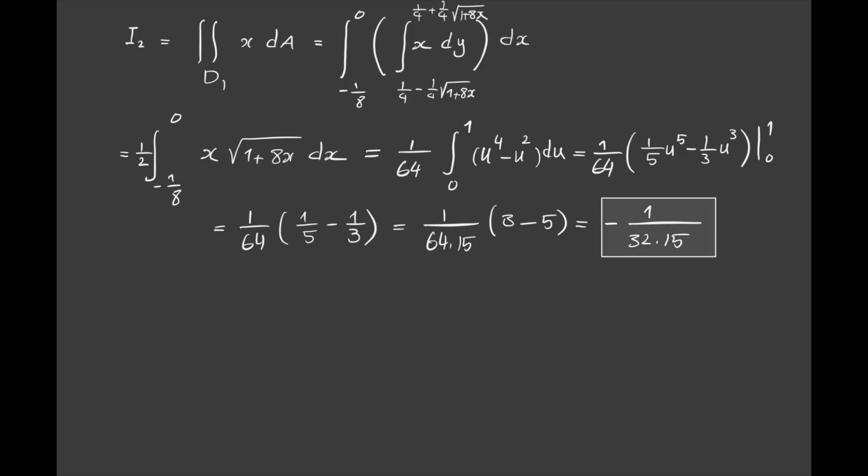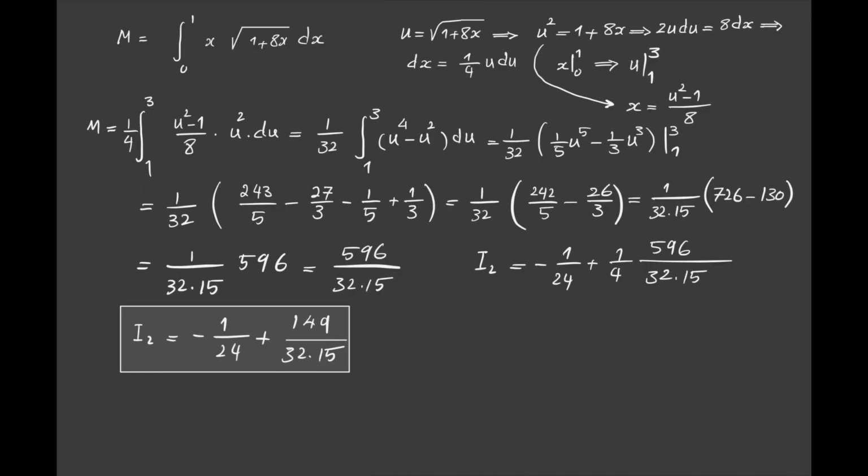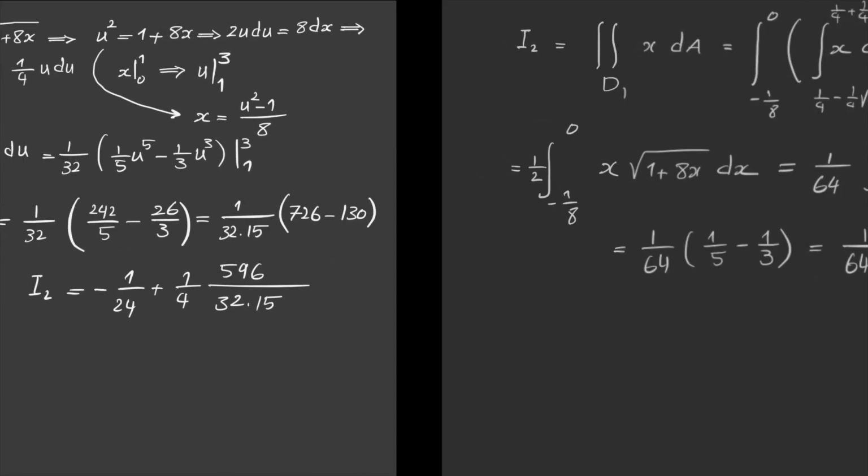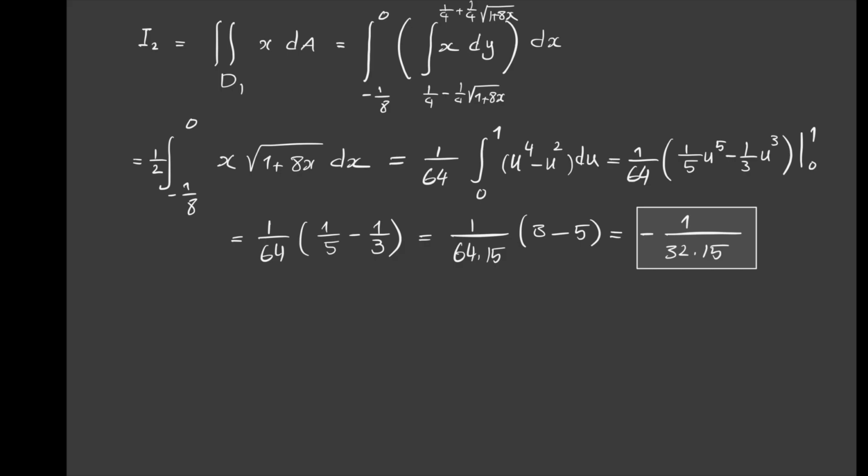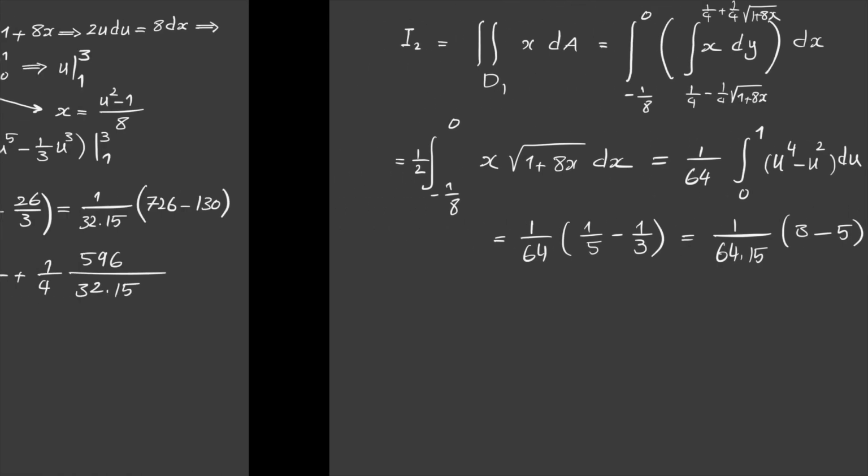Now, hopefully, if I haven't done something wrong, this is my I2. I go to the previous page. This is my I1. I think bringing I2 and I1 on this side is easier to remember. So you remember I1 is actually minus 1 over 32 times 15.